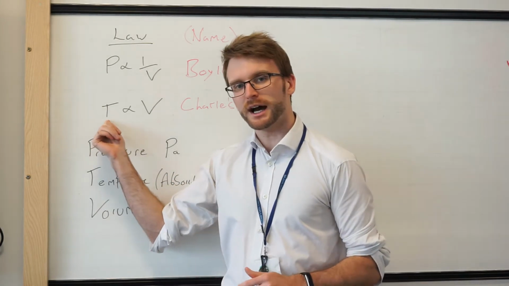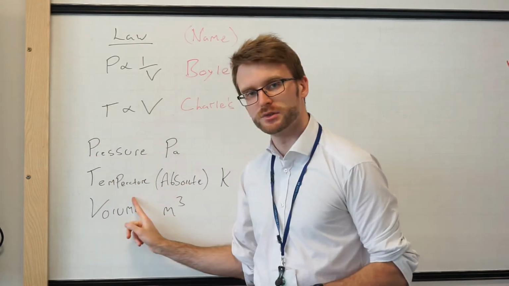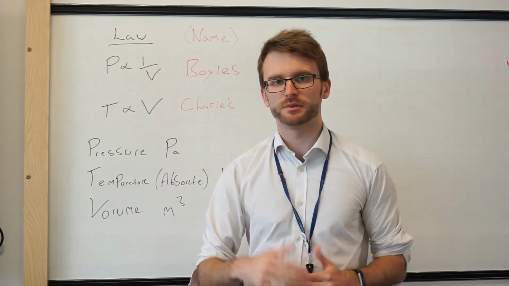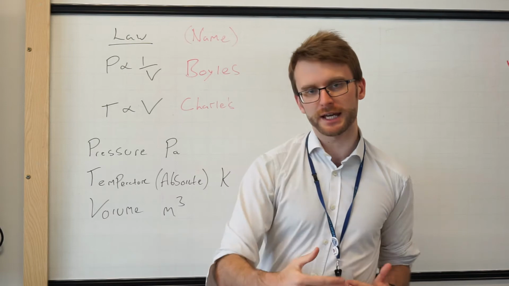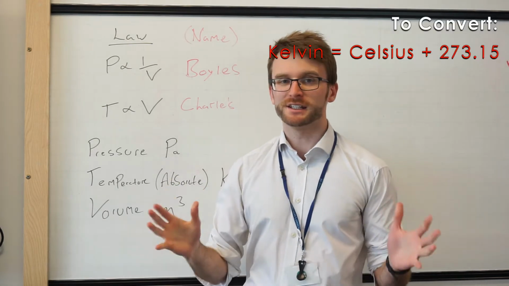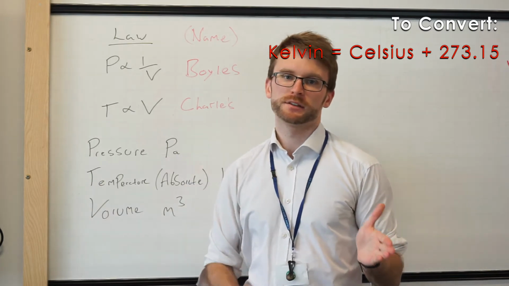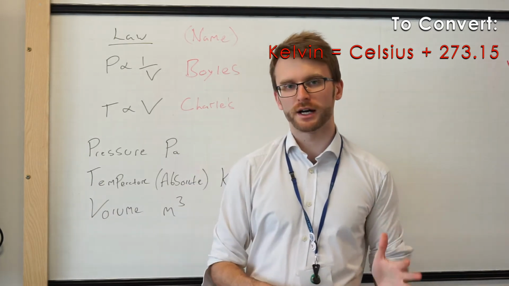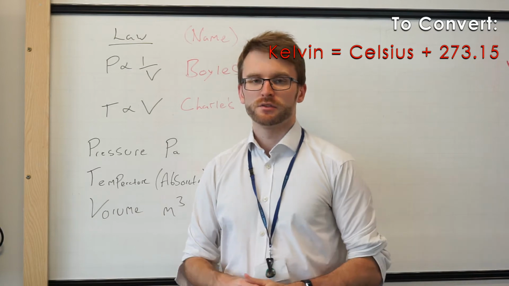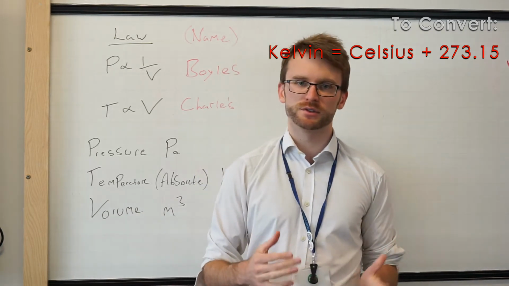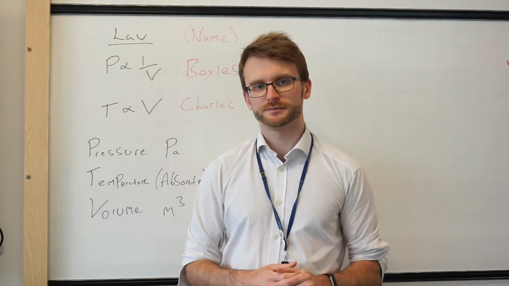T now has to be the absolute temperature, and you will hear me refer to an absolute temperature scale. That means in Kelvin, starting at 0 and only ever getting bigger. That means on the scale where we cannot have negative temperatures. Remember, the conversion between degrees Celsius and Kelvin is just to add 273.15.